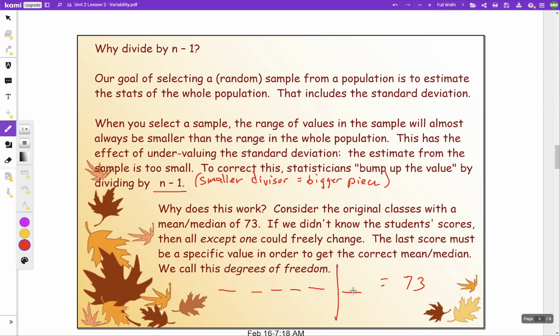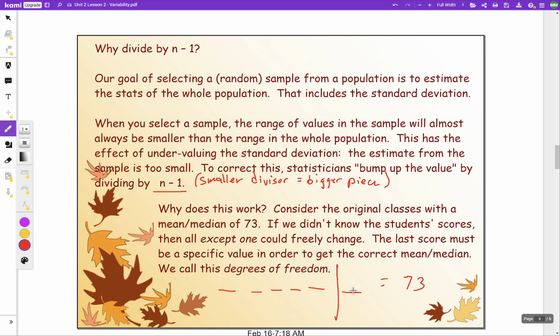If you already know what the mean and median are, which we're estimating based on the population, and we're assuming the mean and standard deviation from our sample is about the same as the population, then only 5 of the 6 points actually truly vary.